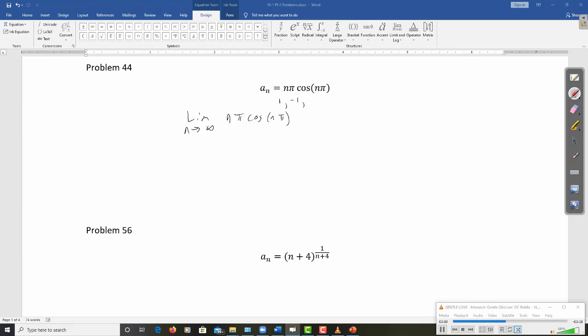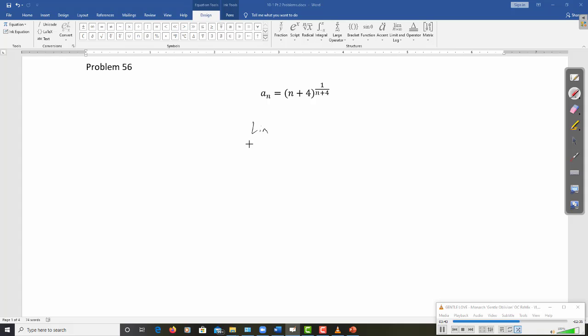Yeah, it just oscillates 1, negative 1, 1, negative 1, etc. And then this is going to infinity. So we've got infinity times something infinitely oscillating between 1 and negative 1. This diverges. And we can't even say it diverges to infinity or negative infinity because it really flips between them with every n.